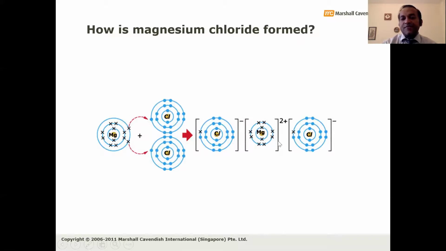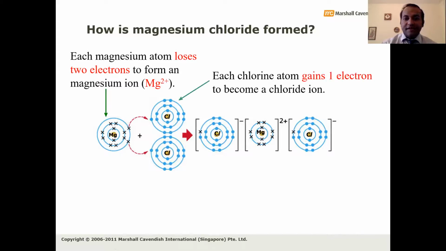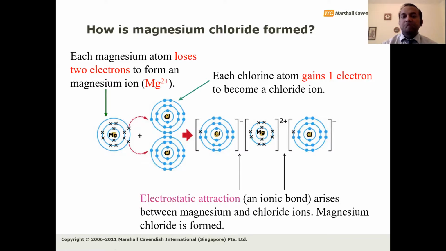So magnesium becomes free from anything excess, so it becomes 2 plus, donated 2. Each of these chlorides takes 1, and we draw chlorine equally balanced. Okay. Each magnesium loses 2 electrons, each chlorine gains 1 electron. This is electrostatic attraction between magnesium ion and chloride ion.